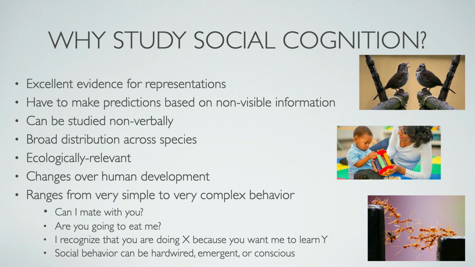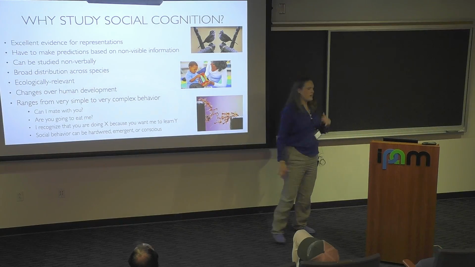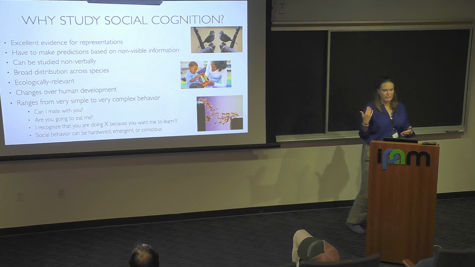They have to make predictions based on non-visible information. You can ask questions non-verbally. There's a broad distribution of social behaviors across species. These are ecologically relevant questions. It's something that you can also study developmentally in humans, and it ranges from very simple kinds of problems to very complicated problems.